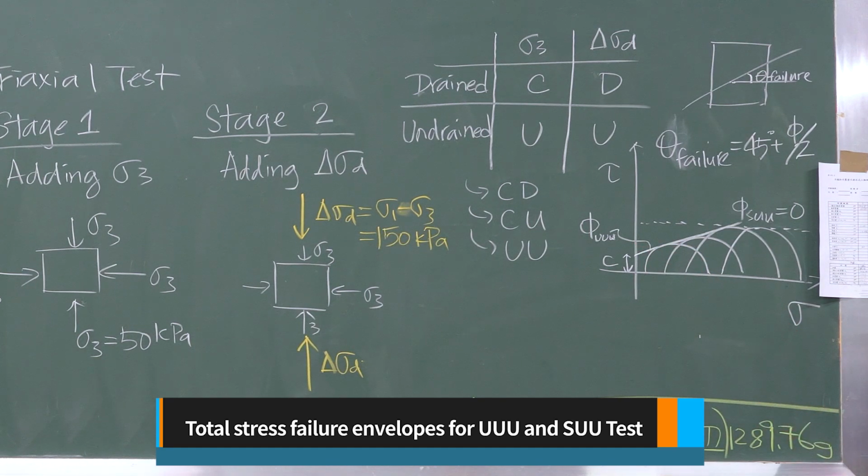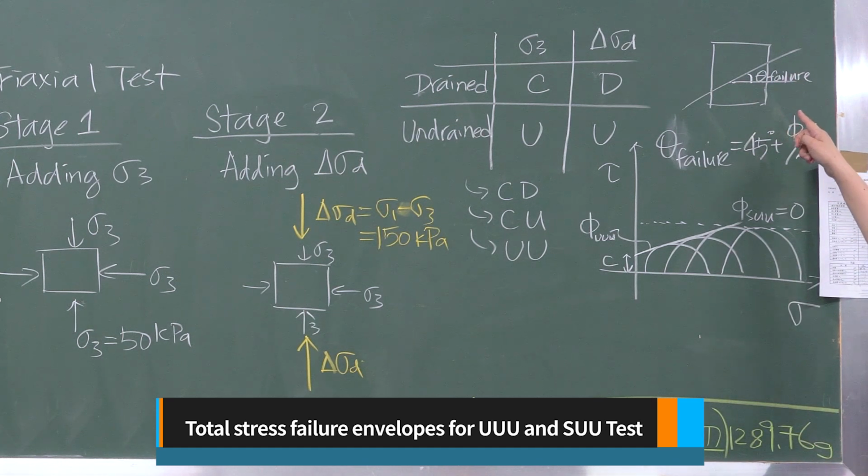One more thing that we can observe in the triaxial test is the failure state of your soil. When your soil specimen fails, you will see a failure plane.